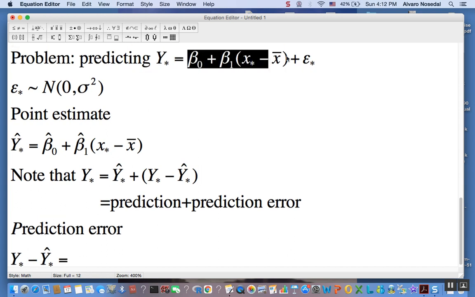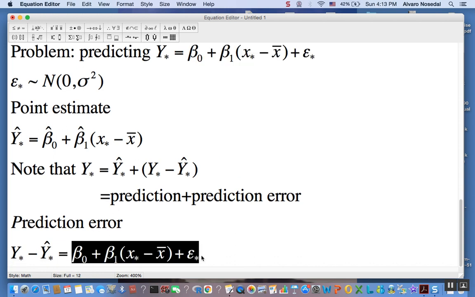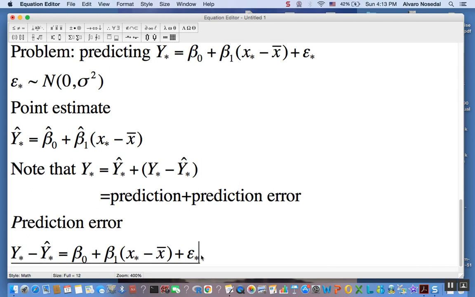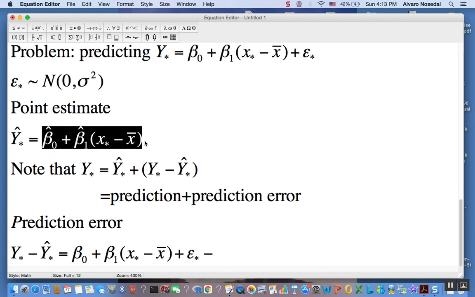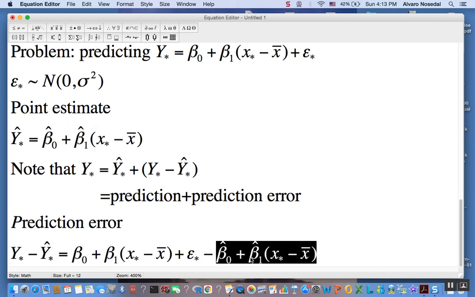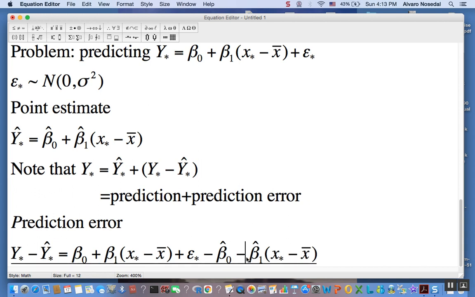Y star is given by that expression in terms of our parameters and that random fluctuation epsilon star, minus, and then we have this term here. Note that this would be a minus sign here. You guys agree?